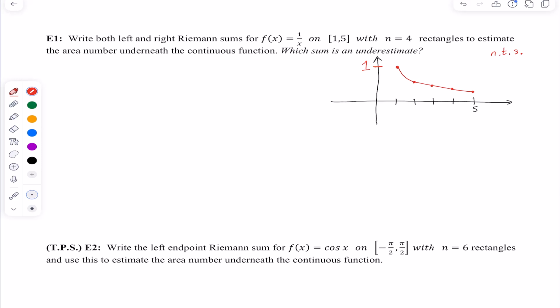Now, if we're looking at a left endpoint Riemann sum, we simply draw rectangles starting from the left endpoint. Since n equals 4, it's not difficult to draw these rectangles.